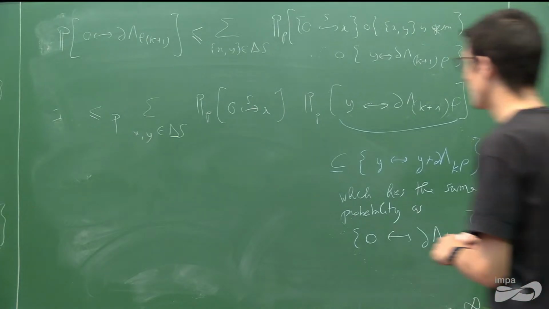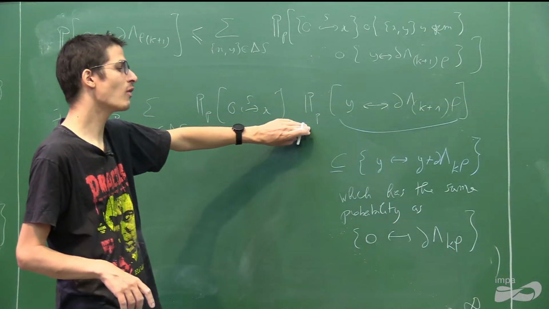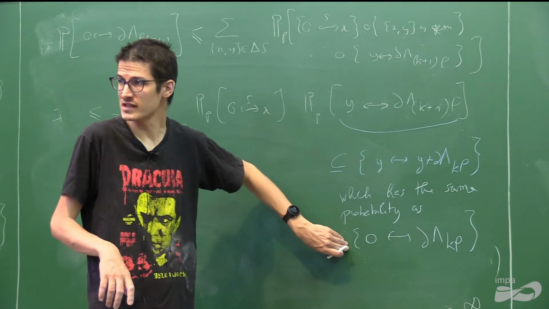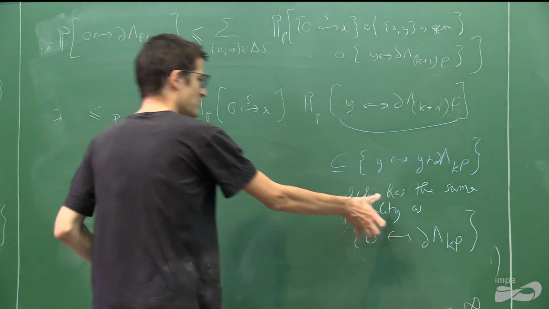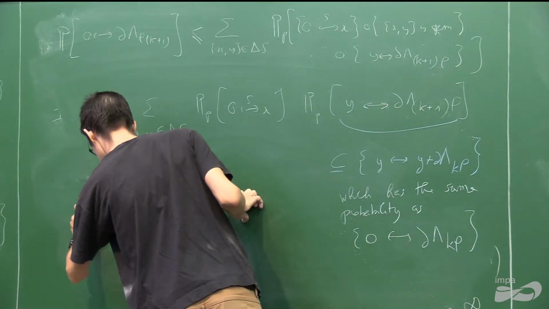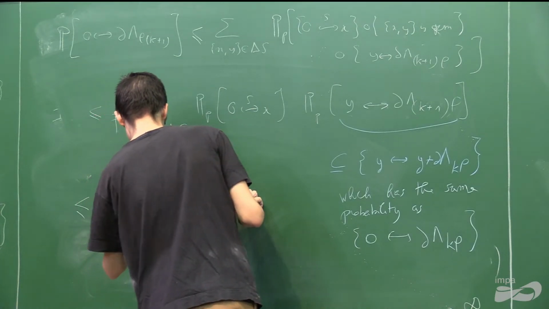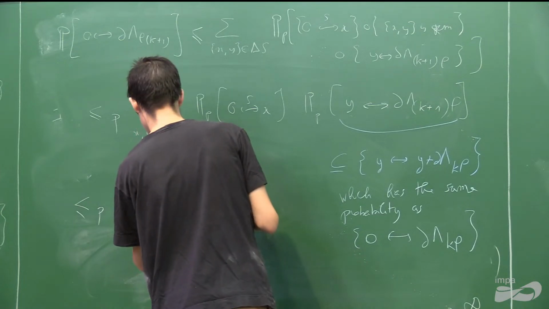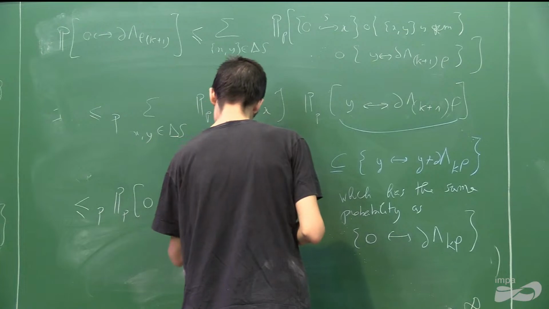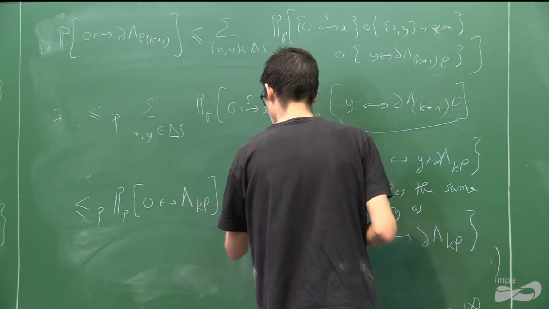So this is really good. Here I have something that depends on Y, but I can bound it by the probability of something that does not depend on Y. So I just put this probability into factor, and I get that this is smaller than p times the probability that 0 is connected to delta KL times this thing.